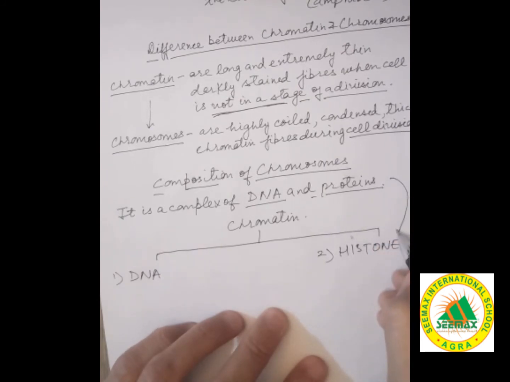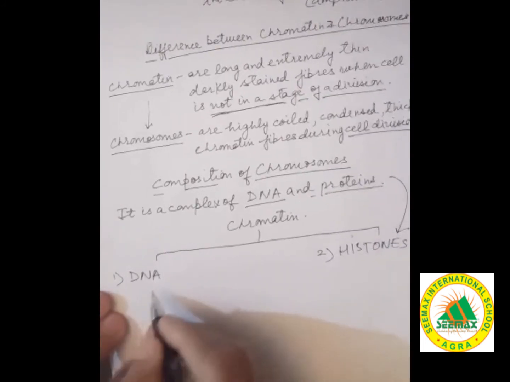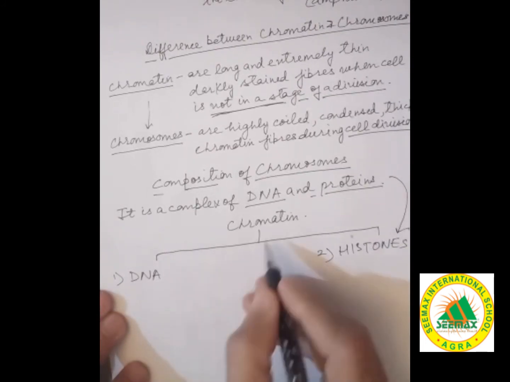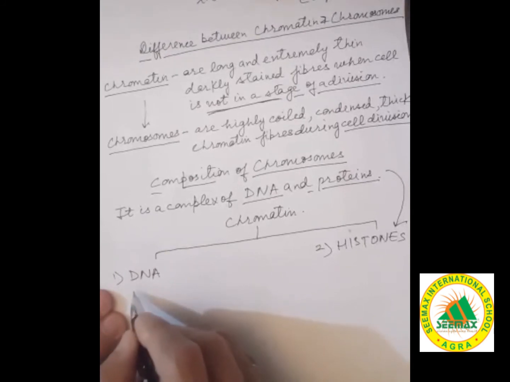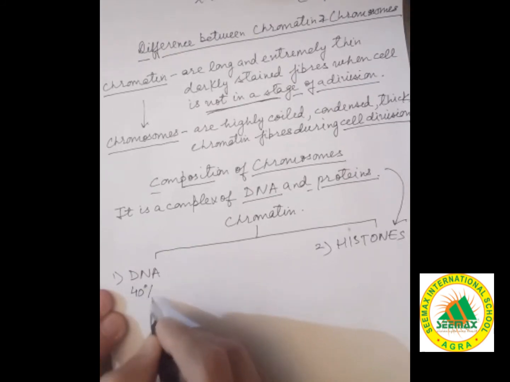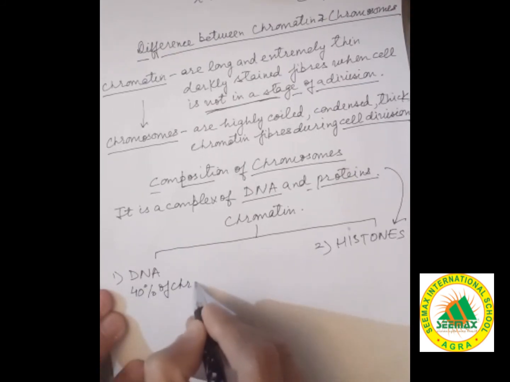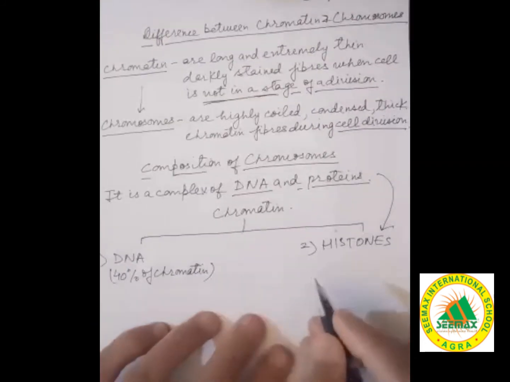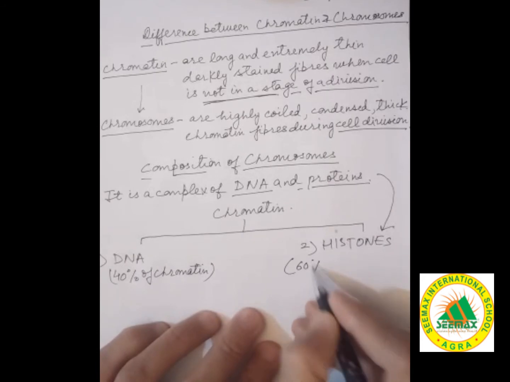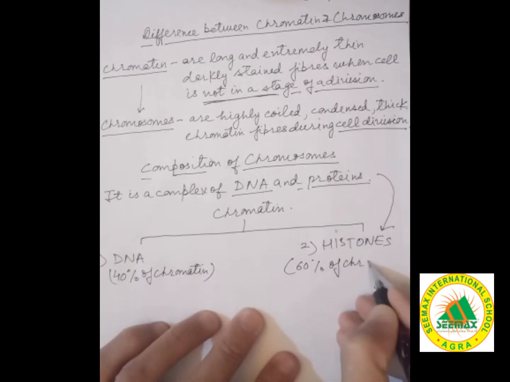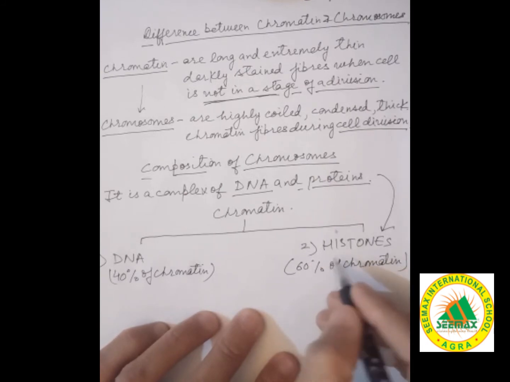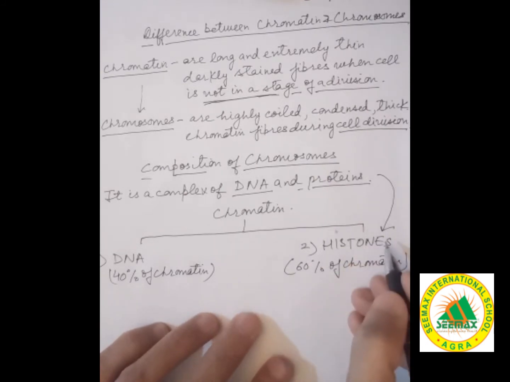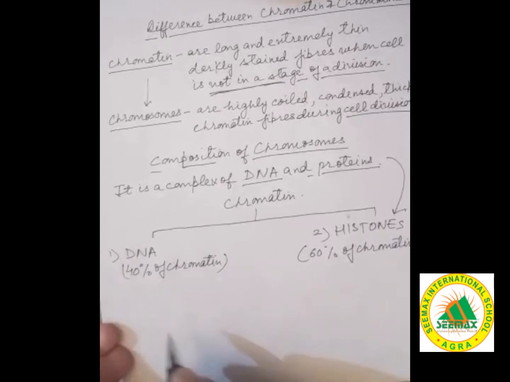Histones are the proteins I am talking about. So DNA constitutes at least 40% of the chromatin, and the 60% of chromatin is made up of histones. Histones are the proteins.